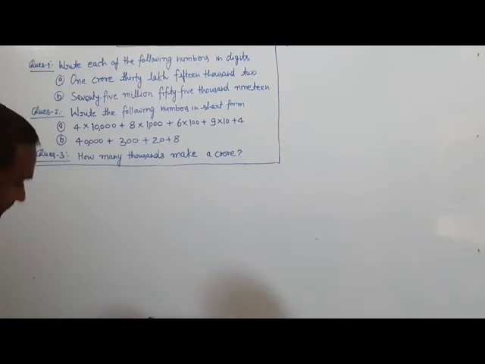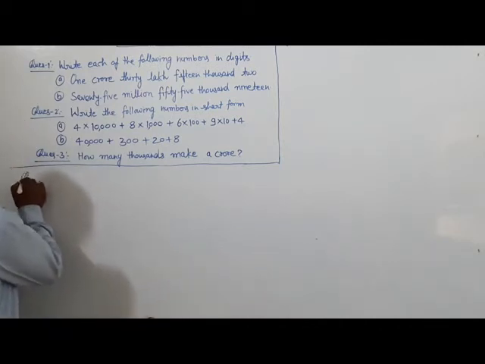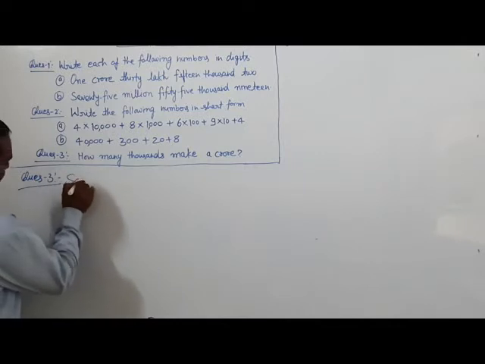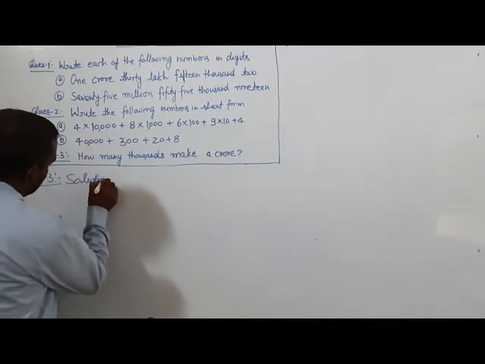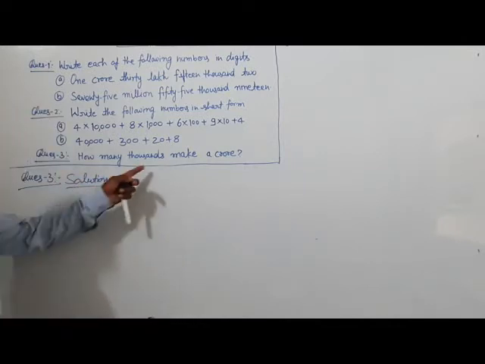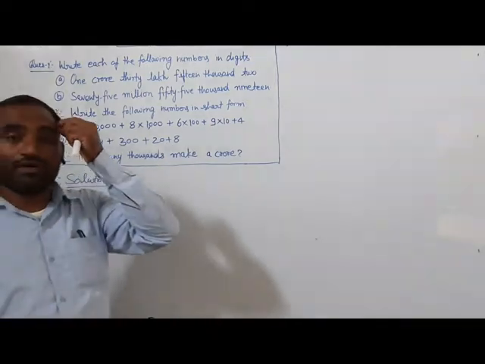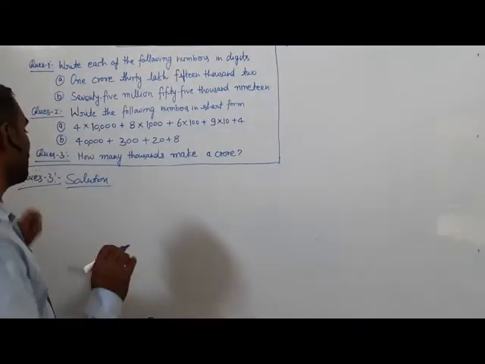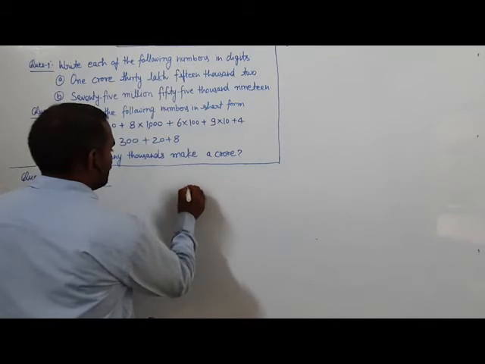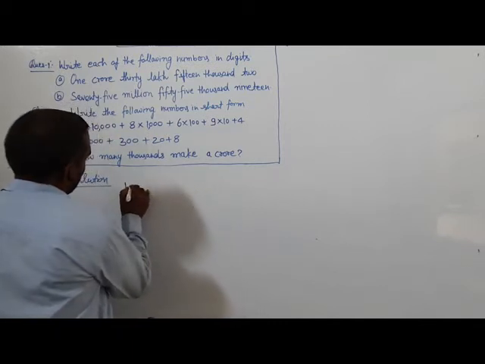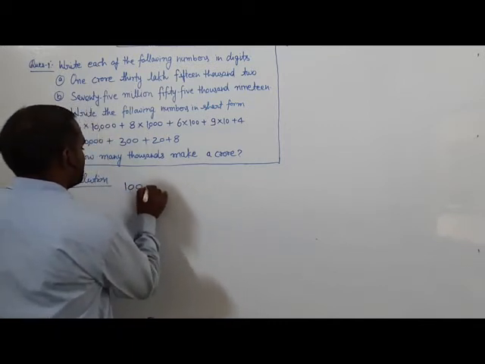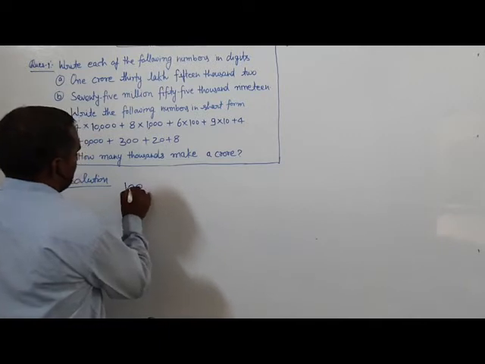Question number 3. Solution. How many thousands make a crore? First of all, you have to write 1 crore.